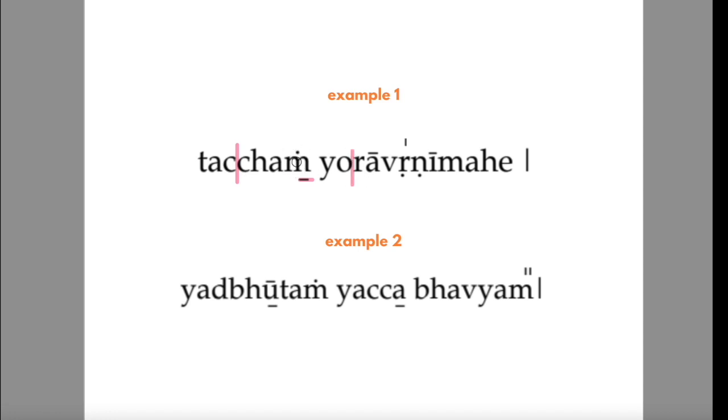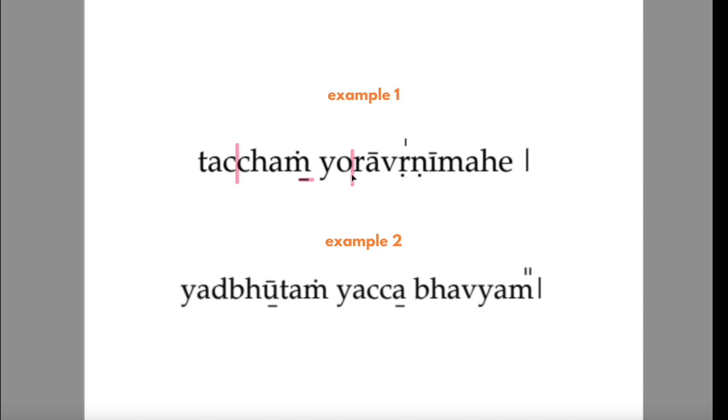Let's transform the m sound into a ya sound, and it should have a resonance of sound when we pronounce it. So when we say tacham yo, we transform it to tachai yo. That resonance should follow. Tachai yo ravrini mahe.